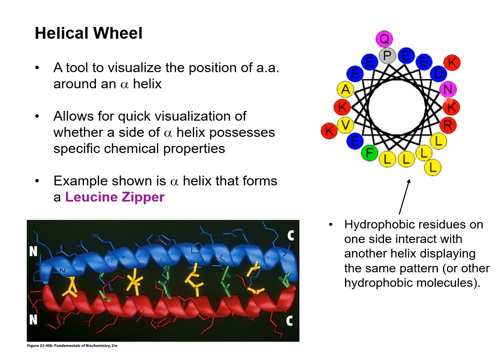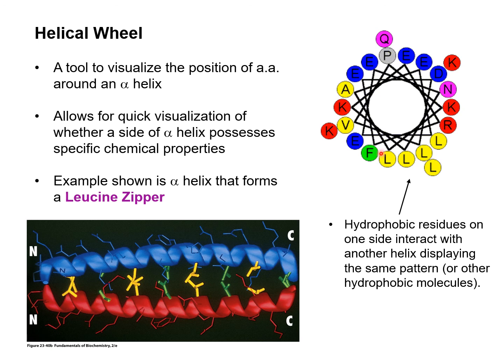It also allows for a quick visualization of whether a side of an alpha helix possesses specific chemical properties, such as hydrophobic or basic properties. The example shown here is the alpha helix that forms a leucine zipper, which has a critical function for interacting with DNA molecules.